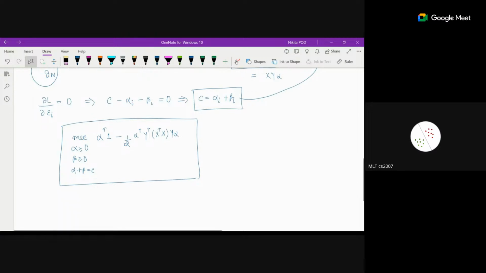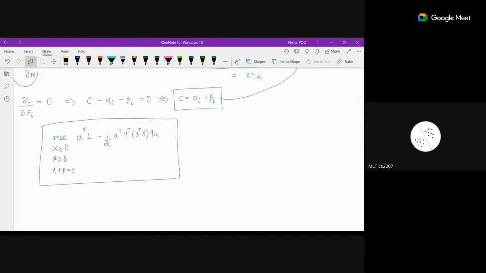So now this can also be written as max over alpha transpose W minus half of alpha transpose Y transpose X Y alpha.